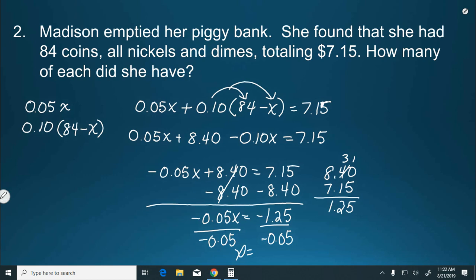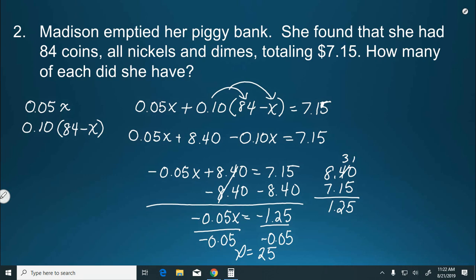Well, 5 cents into 1 doesn't really work, so I can kind of ignore the decimals. 5 into 12 is 2 with 2 left over, and 5 into 25 is 5. So we would need 25 nickels in order to make that $1.25. And that makes sense because 25 times 5 is 125. Okay, and if you really aren't sure about doing that math mentally, you can of course use a calculator.